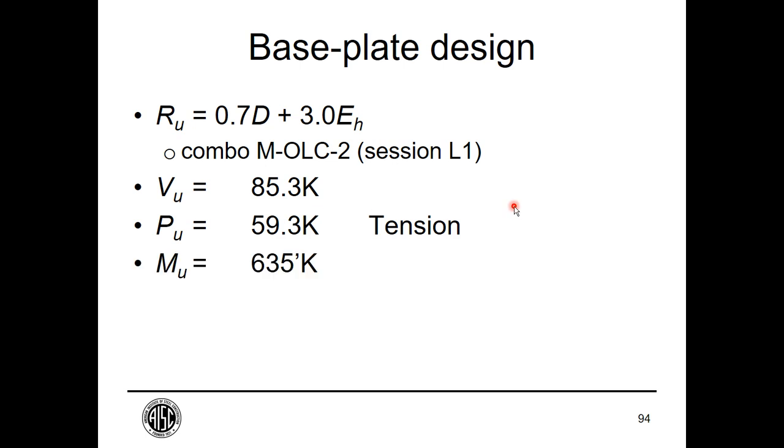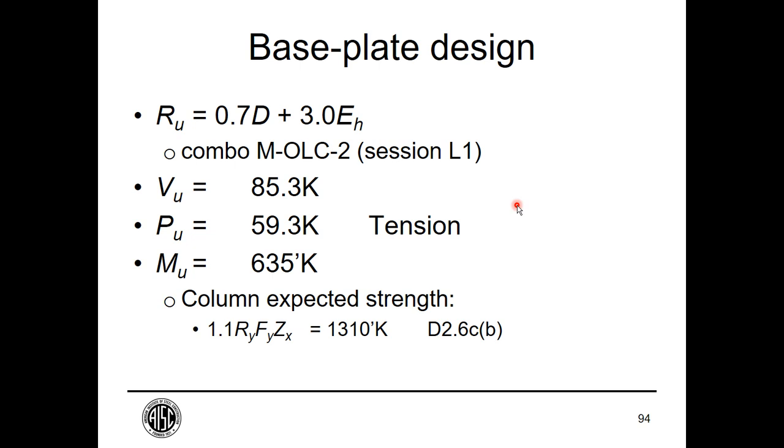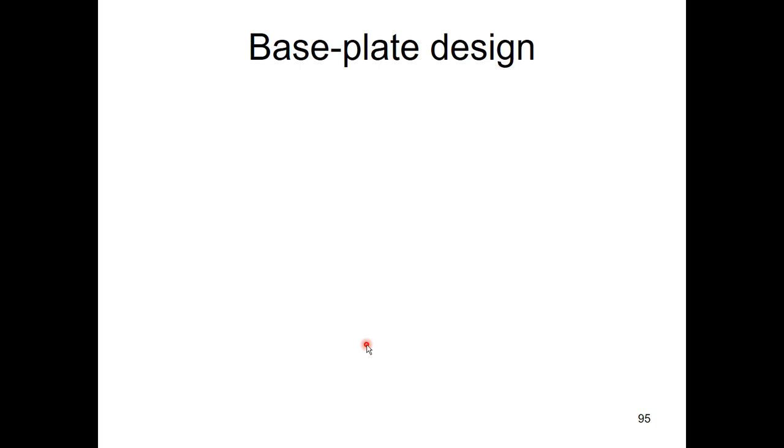And the moment, about 635 foot-kips. This moment is well below the expected column strength. So right now it looks like the demand on that base plate is going to be a lot less than the demand that would cause a hinge in the column. We'll come back to that later on after we've done the design.